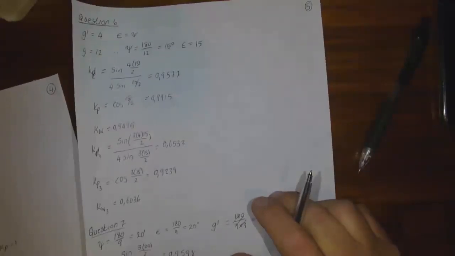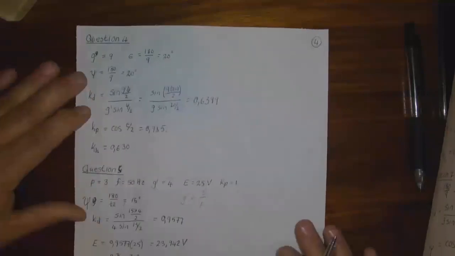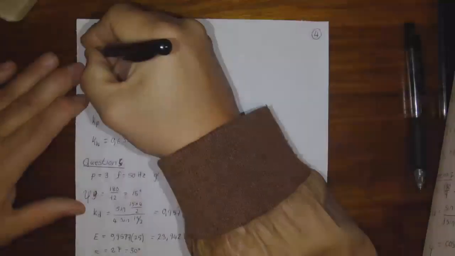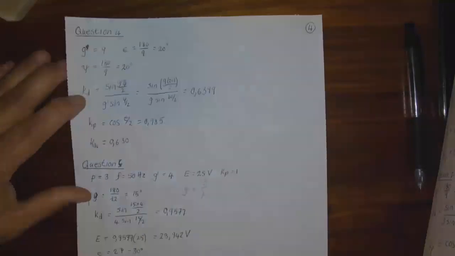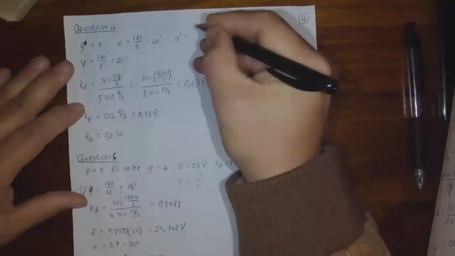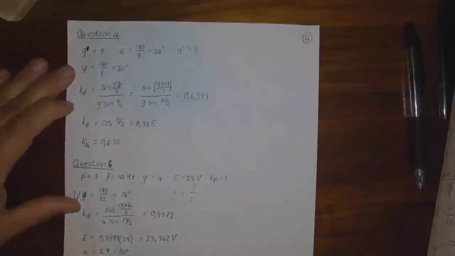That is the number of slots per pole, so your slot angle will be 180 divided by 9, which gives 20 degrees. That 9 is our G, not our G prime. Our G prime will be 3, not 9. Yes, then our G prime will be 3.